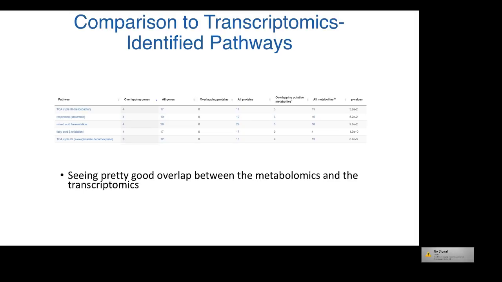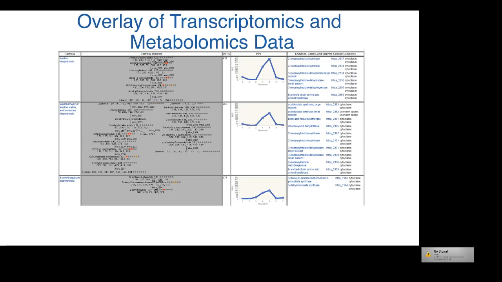I apologize, this is really small. The table looks good on your screen, but not as good when you copy it into slides. But overall, we can see that there's decent overlap between the transcriptomics-pulled pathways and our metabolite-pulled pathways. So that's giving us new overlap, but also new insight into what's happening mechanistically inside of the cell.